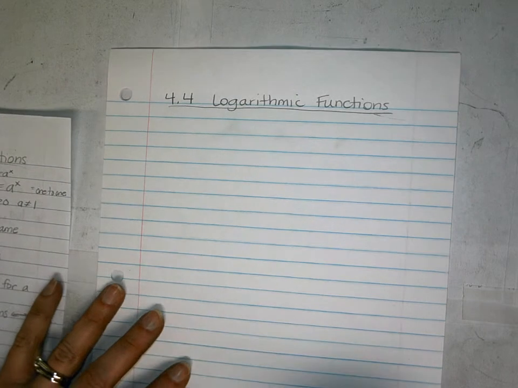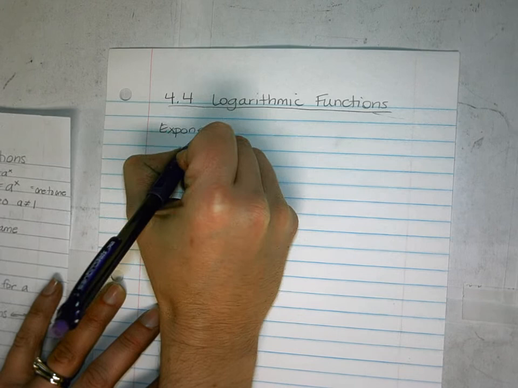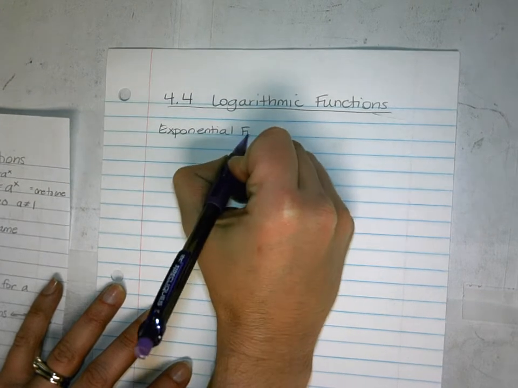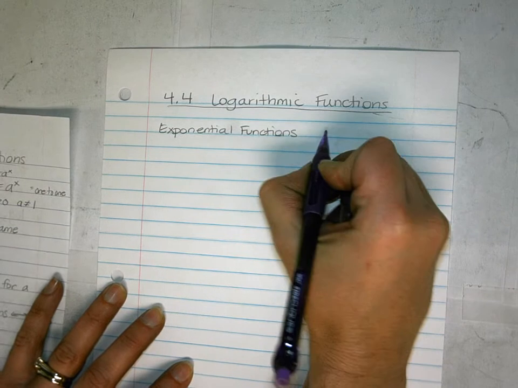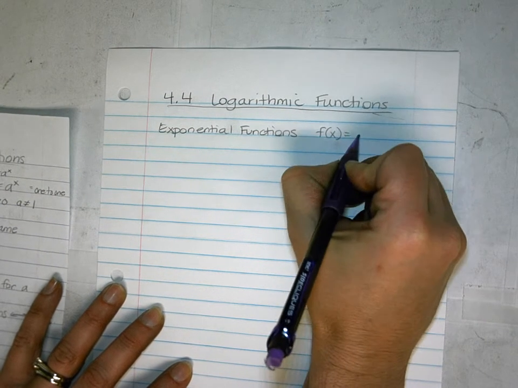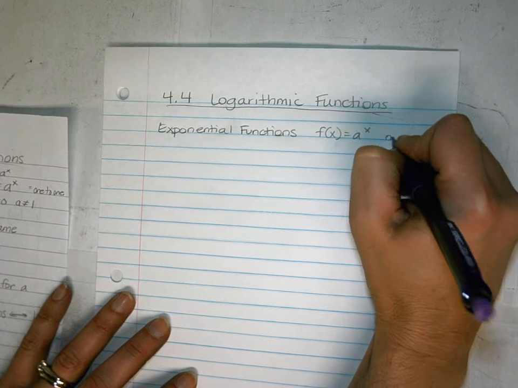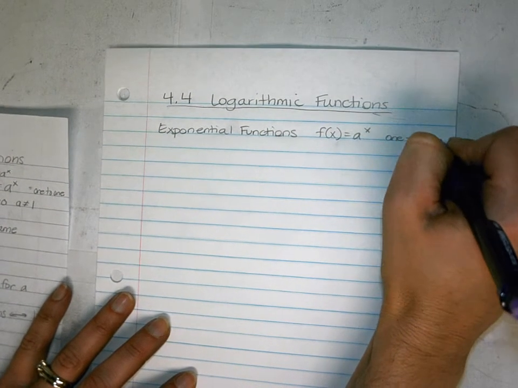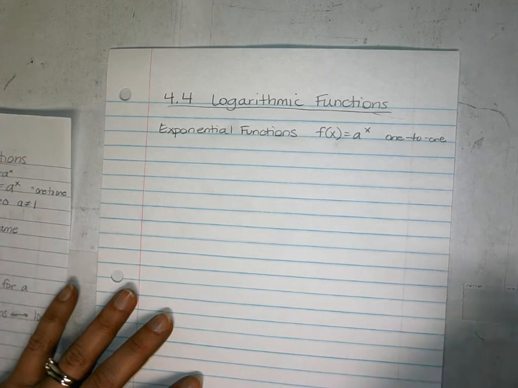So here we go. I want to remind you, and this is what we did yesterday, or at least the day before, we were dealing with exponential functions, right? The exponential functions take this form of f of x equals a to the x power, which is 1-to-1. This is a 1-to-1 graph, therefore an inverse function exists.